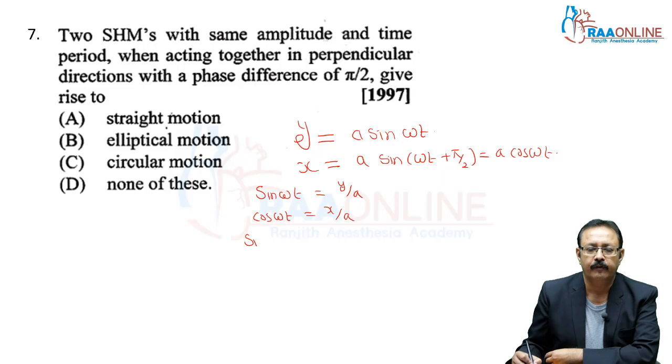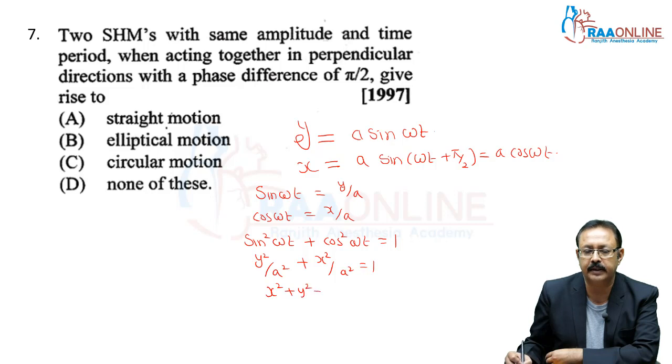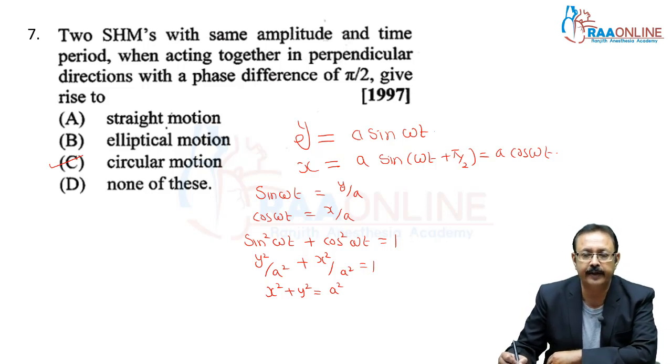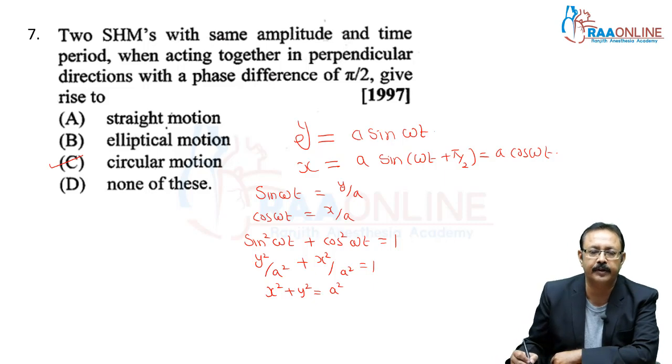We know that for any angle, sin square theta plus cos square theta is 1, means y square by a square plus x square by a square is equal to 1, means x square plus y square is equal to a square, which is the equation of a circle having center at (0, 0) and radius a. So we are going with circular motion. It was a problem from 1997 AIPMT. Remember that if A and B are not equal, then you will get the equation of an ellipse.